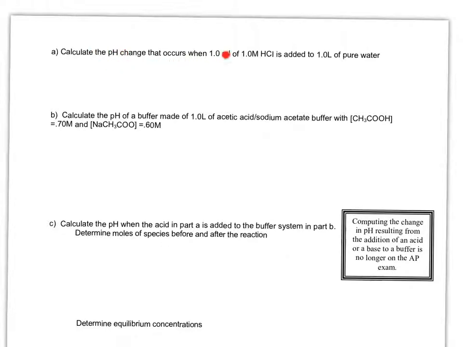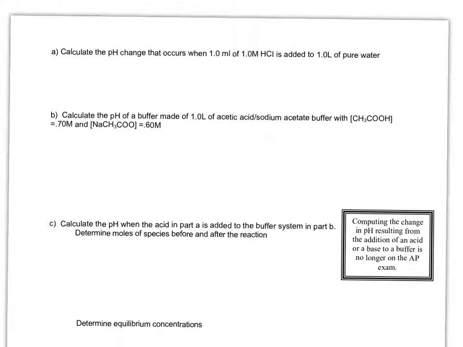We're going to add a milliliter of HCl and see how it's going to change the pH of water. We know that the pH of just pure water is going to be 7. And so now let's add just 1 milliliter of 1 molar HCl to it.